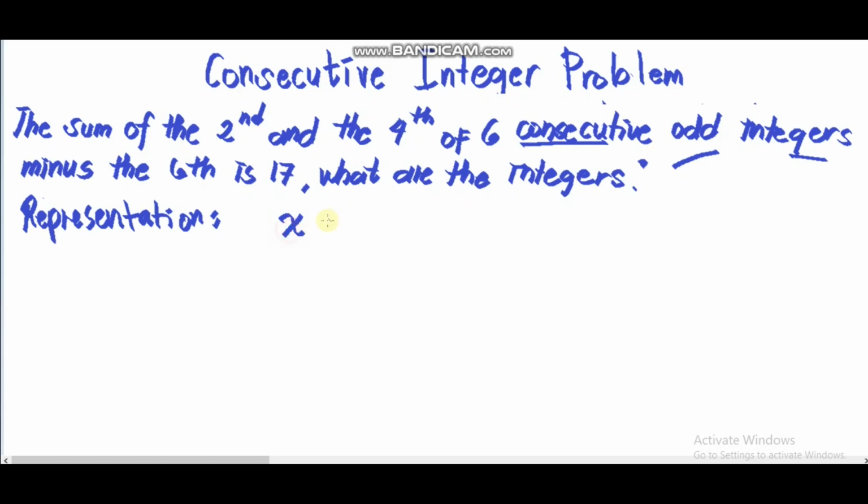So, if x is our first, what is our second? X plus 1, x plus 2, or x plus 3? It's x plus 2. This is our second. And our third is x plus 4. The same as with even consecutive integers.